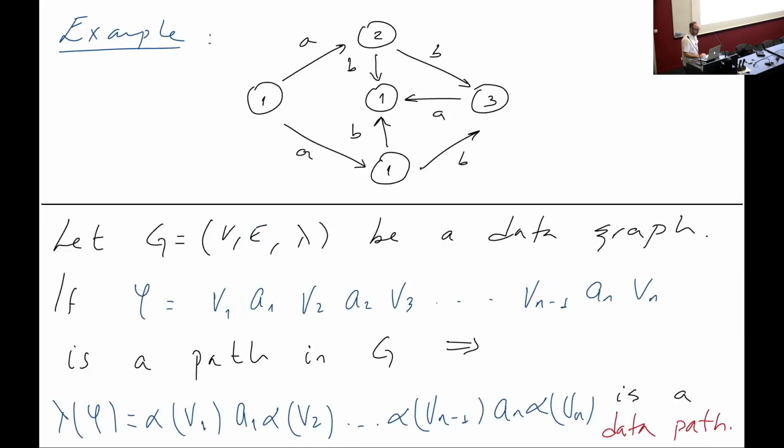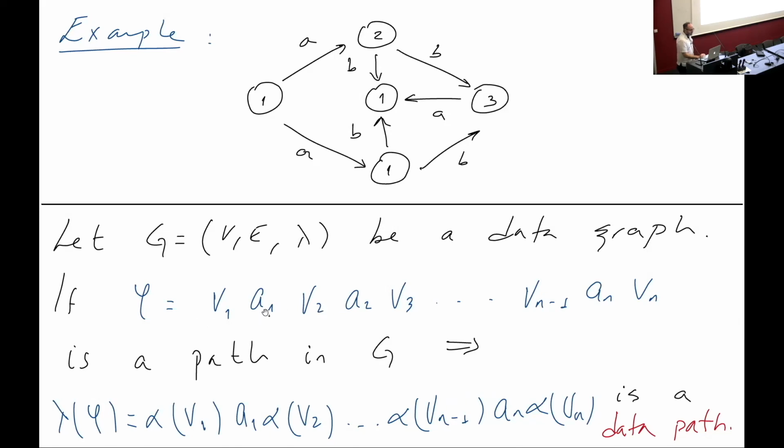So here we have an example. We have this graph with the edge labels as before, but now each node carries a piece of data. In this case, these three nodes carry the same piece of data. This one carries a different piece of data, and this one carries a different piece of data. What we will be interested in when querying this kind of model is the paths that combine data with topology.